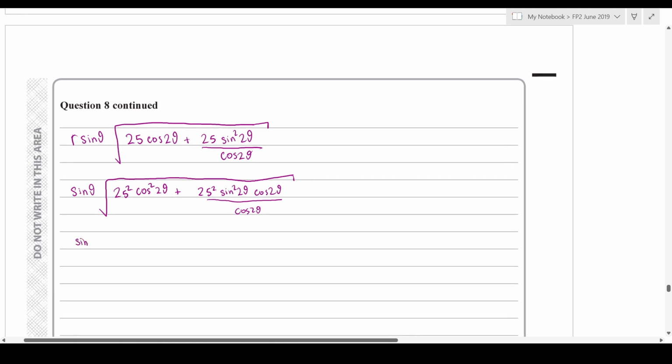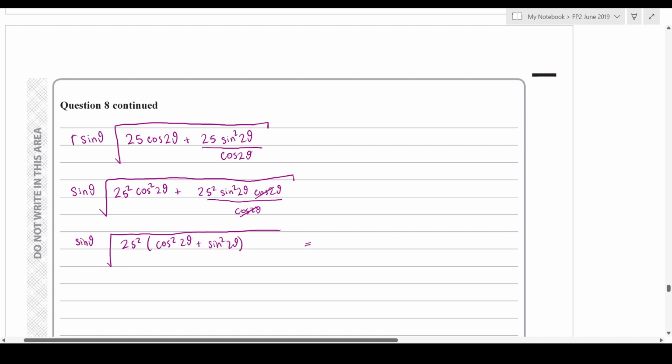So then we've got sine theta, and you can see that's when it starts to cancel. I've got 25 squared, and I'm just left with the infamous cos squared plus sine squared.